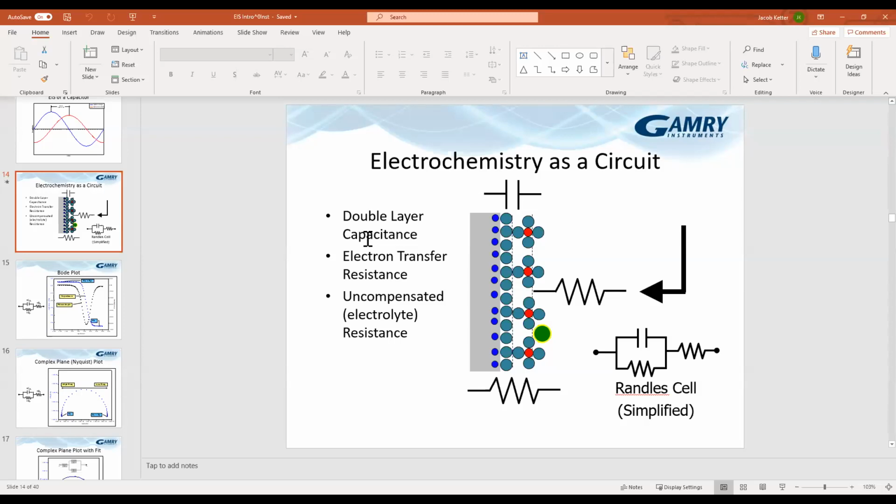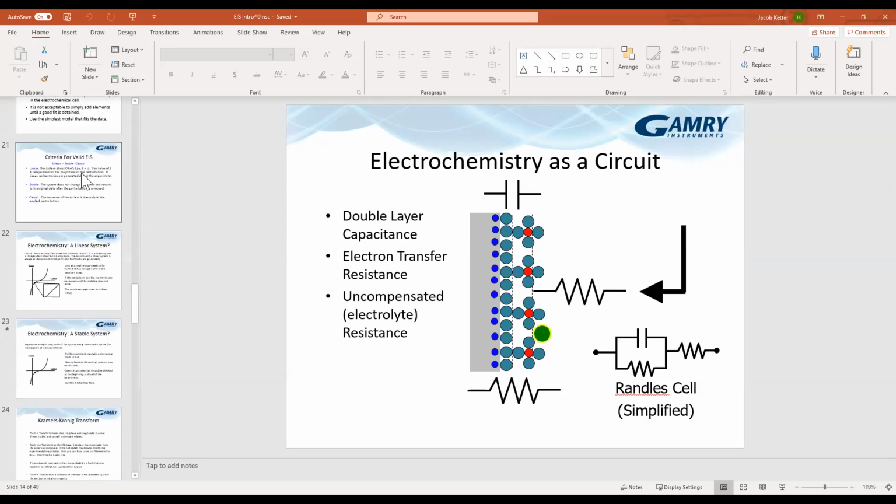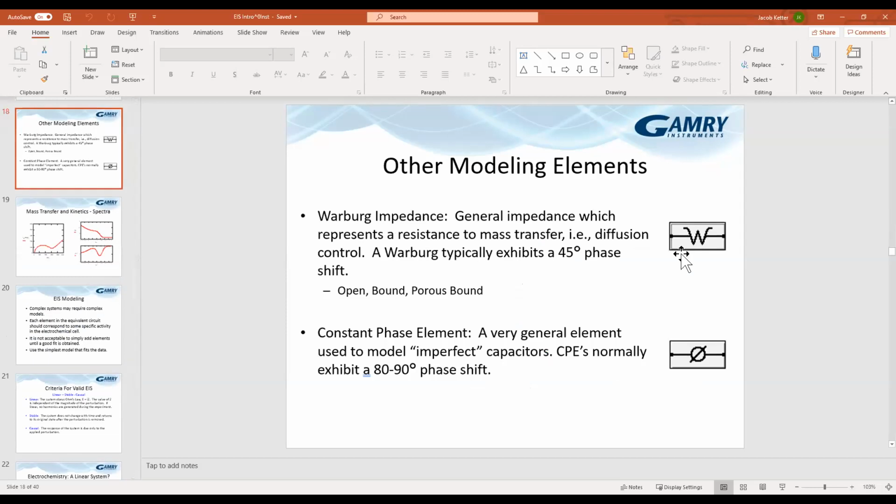And so the biggest effect is probably this Warburg diffusion element. If you go to low enough frequencies for a microelectrode cylinder, it is going to change from an open version to a porous bounded version. And that's for people that do microelectrode work.